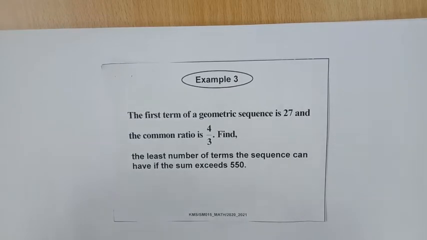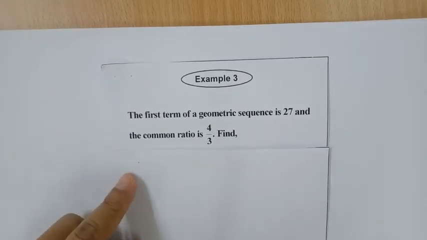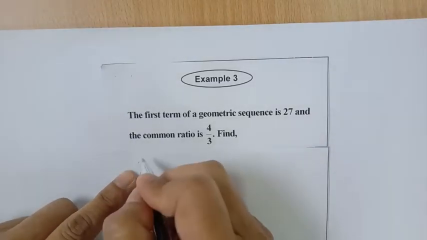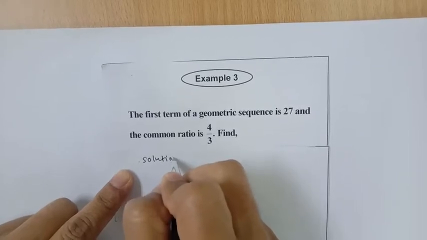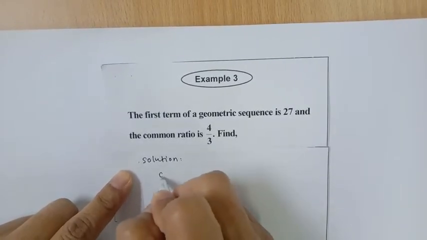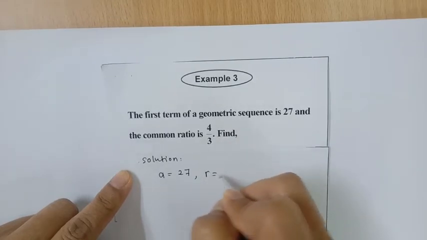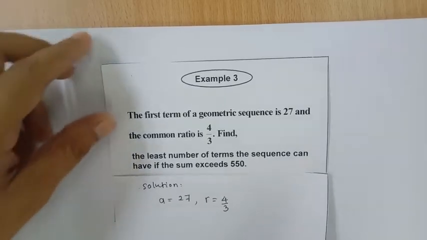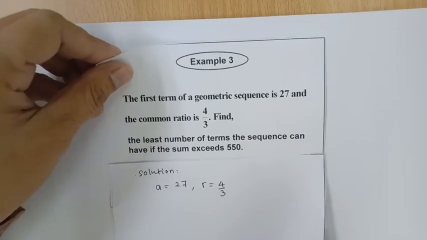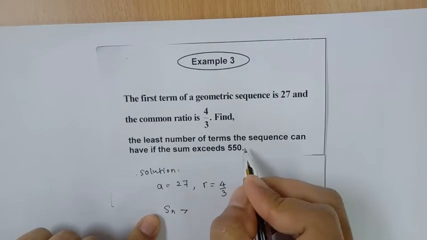Next we discuss the solution for example 3. The question gives the first term a is 27 and the common ratio r is 4/3. Find the least number of terms if Sn exceeds 550.